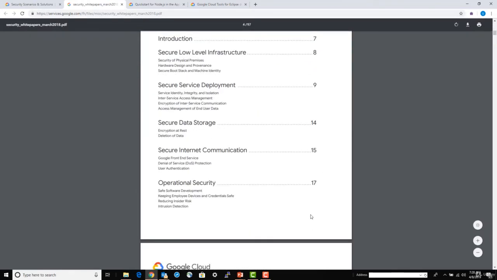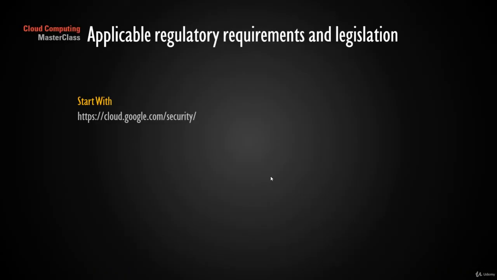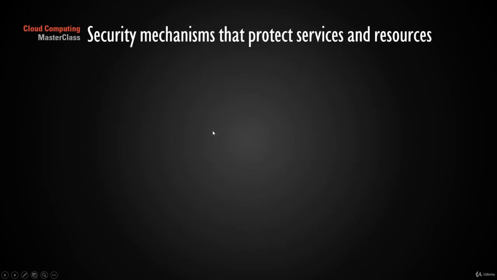You need to understand what you have to do, what your role is, and what Google's role is to secure your services. Going back to the slide deck, that is where you start: with the security endpoints, and start exploring the documentation.